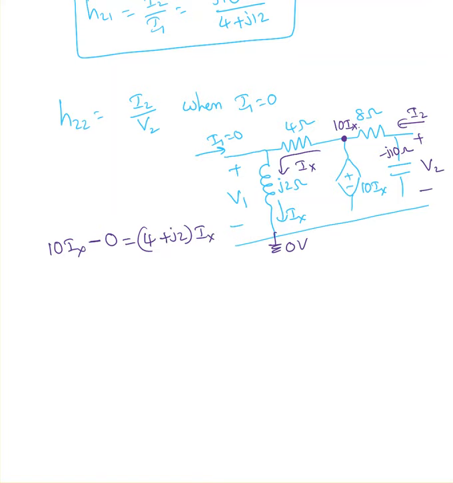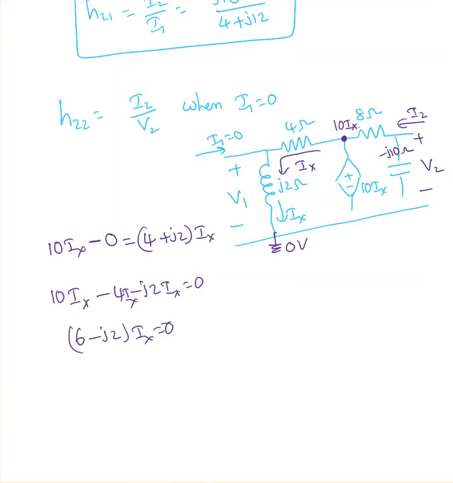If I simplify this, 10 Ix minus 4 Ix minus j2 Ix equal to 0. So this is 6 minus j2 Ix equal to 0.